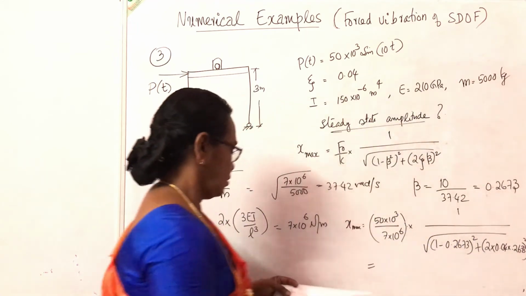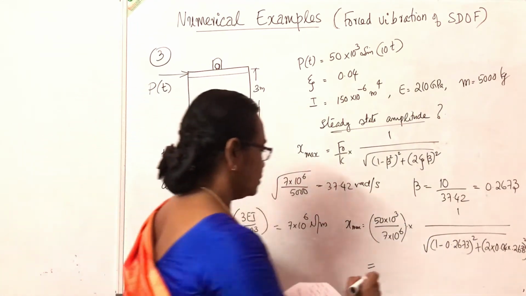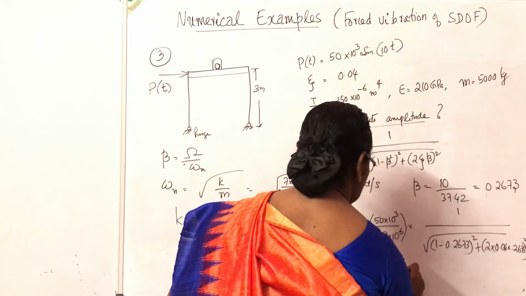Psi is 0.04. So this will work out to 7.69 millimeter.